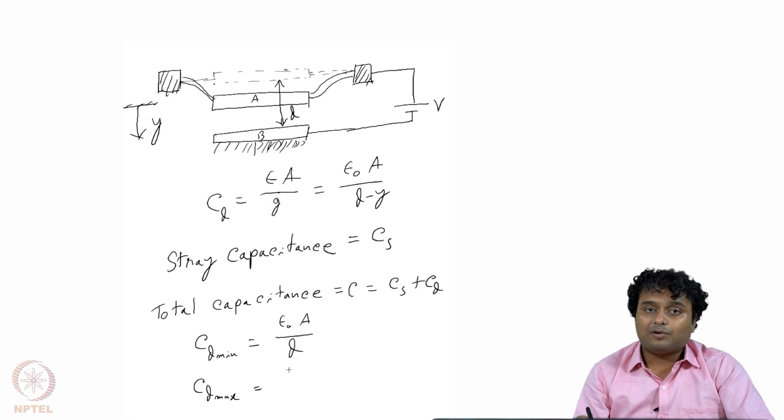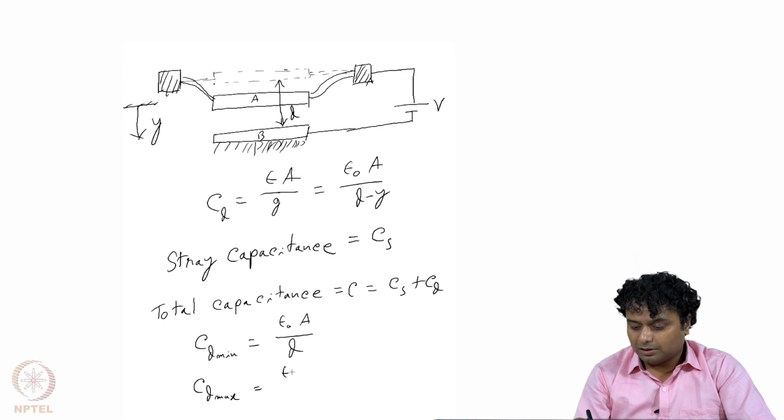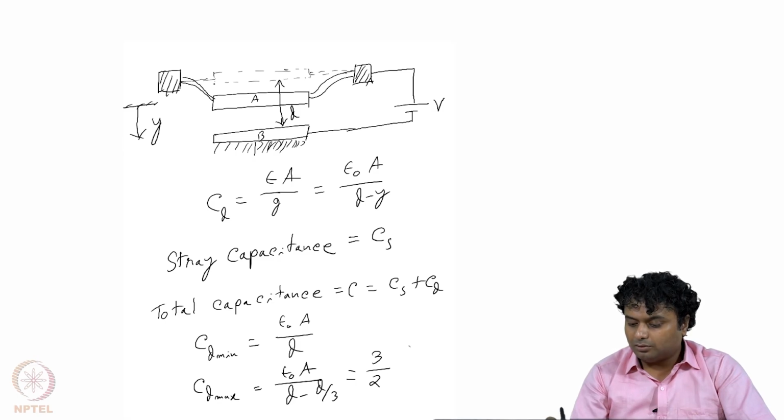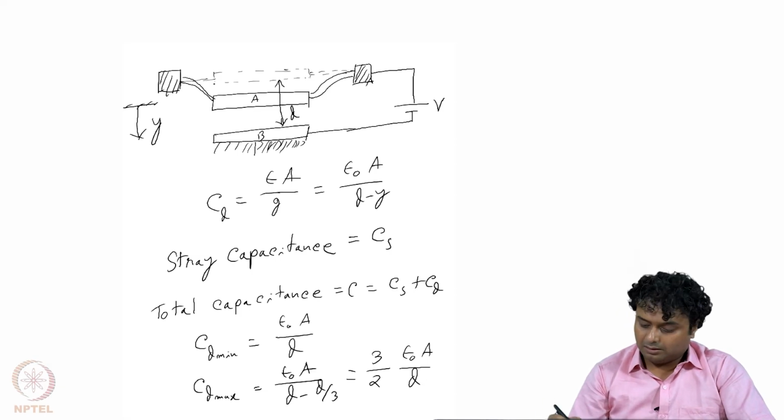That we know from our pull-in phenomena, that the gap can be reduced by a maximum of D by 3 without snapping onto the substrate, because after that, if the gap is less than D by 3, then the top plate will snap onto the bottom plate. So CD max will be epsilon naught A by D minus the maximum value of y, and that is D by 3. So that is 3 by 2 into epsilon naught A by D.